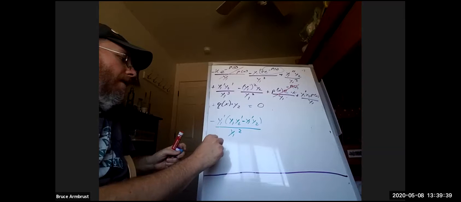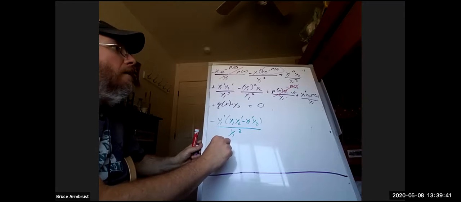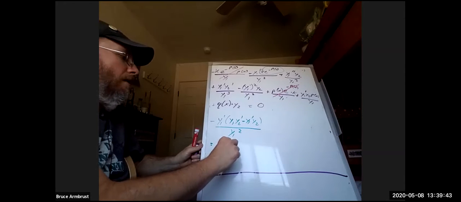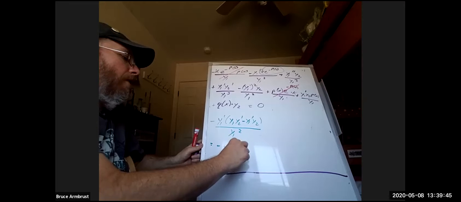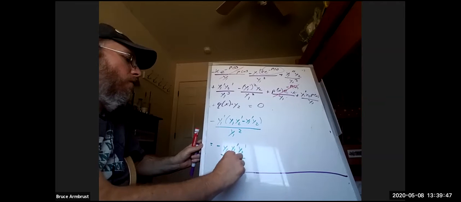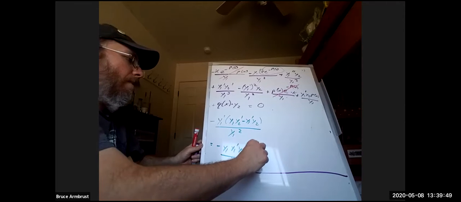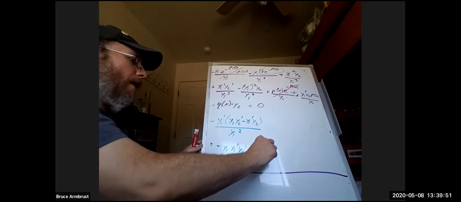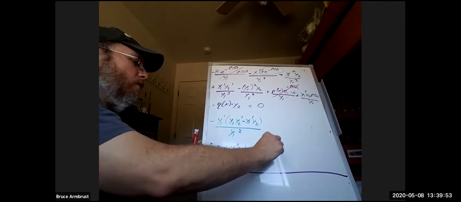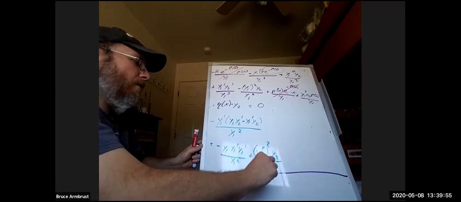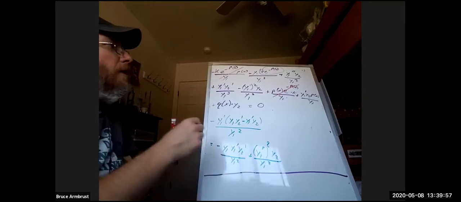This ends up being a minus y1 y1 prime y2 prime over y1 squared plus y1 prime squared y2 over y1 squared.